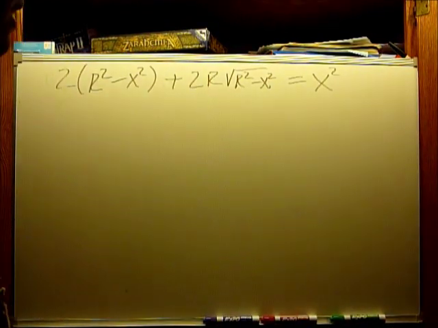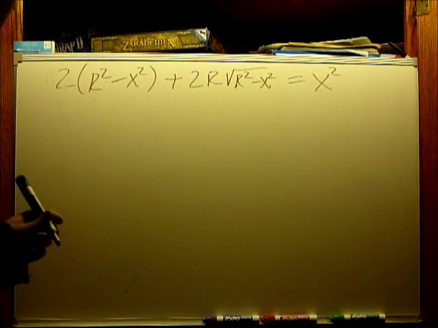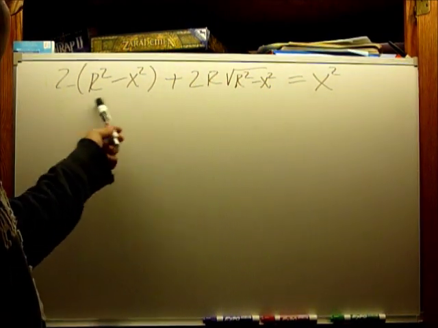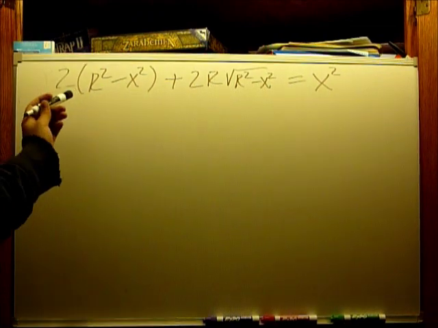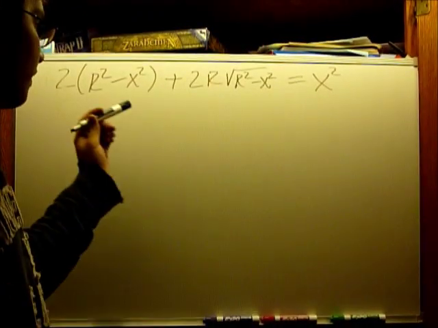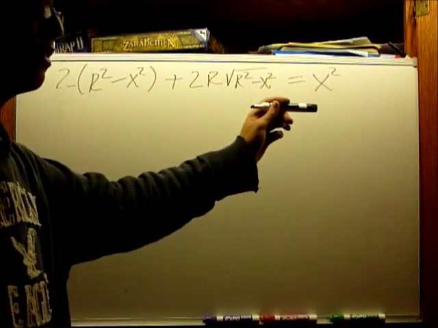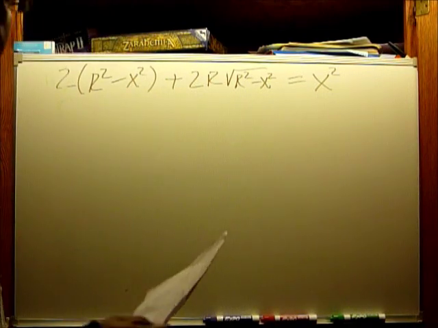Sorry about that, guys. I ran out of room there. So basically now I'm going to distribute the 2 here, and then after the 2 is distributed, I'm going to subtract 2r squared to this side, and then I'm going to add 2x squared to that side, and then I'm going to square both sides of the equation.